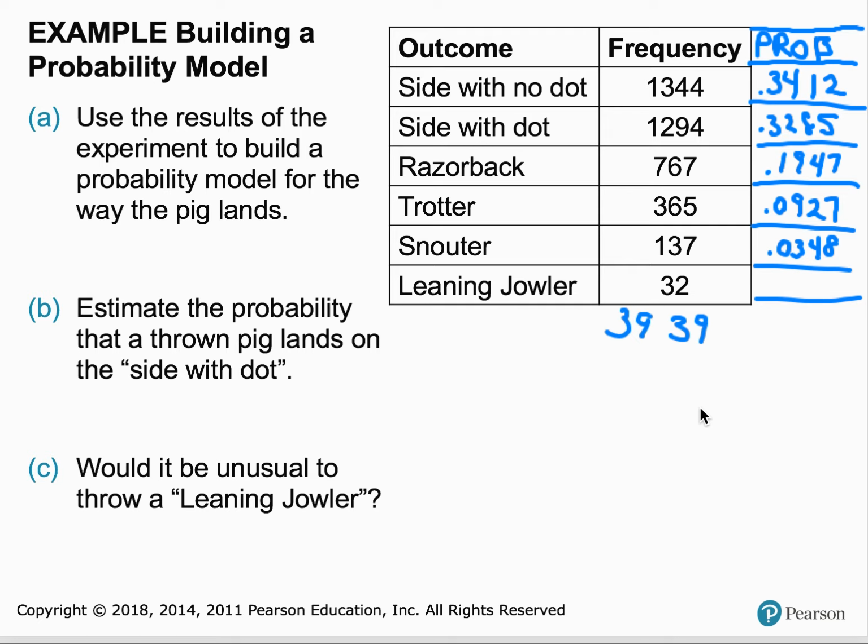And finally 32 divided by 3939. Sorry, had a typo there. Let's do it again. 32 divided by 3939, 0.0081.